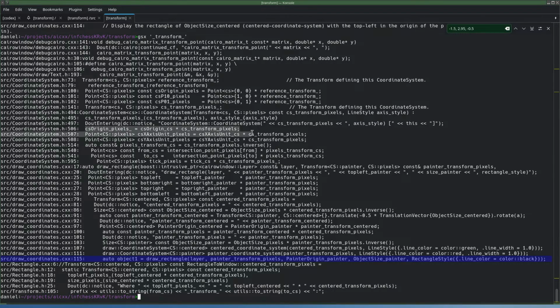So here you see an example where this short circuit thing happens, and including the transform. So you have this variable times that variable, and then this drops out, and then you are left with CS origin underscore pixels.